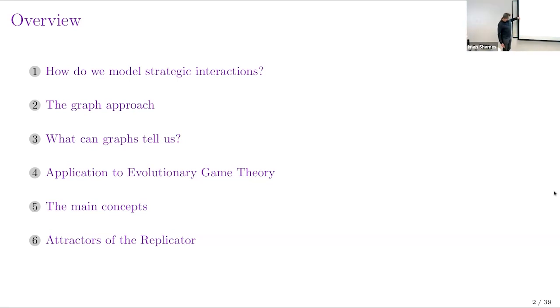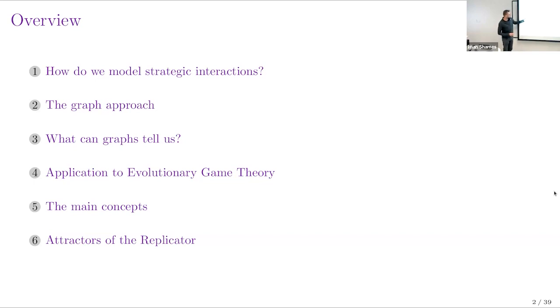Then I will briefly touch upon how this can be applied to evolutionary game theory, especially through a framework that allows us to predict the fixed points of some of these learning dynamics, that people use to emulate how agents learn in the environment.